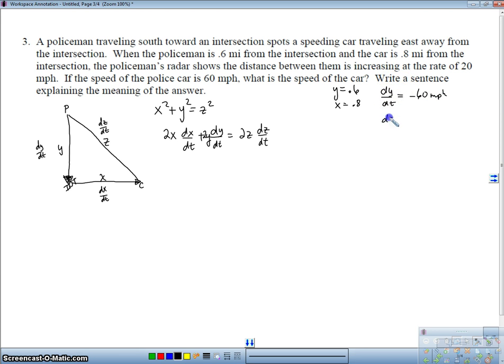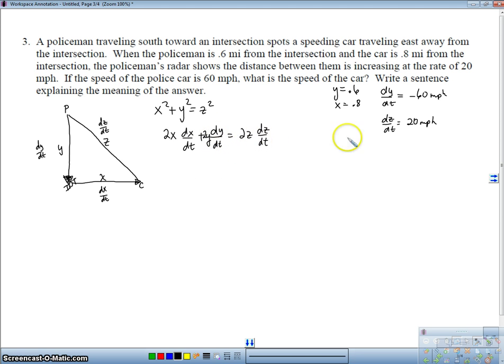And dz/dt is getting larger at 20 miles per hour. Even though I know this, I only know this for one moment in time, right? These values, y and x, they're changing. So I'm not going to enter these until after I do my differentiation. This is a really important part, guys. Do not enter in things that are changing until after you've done your implicit differentiation.